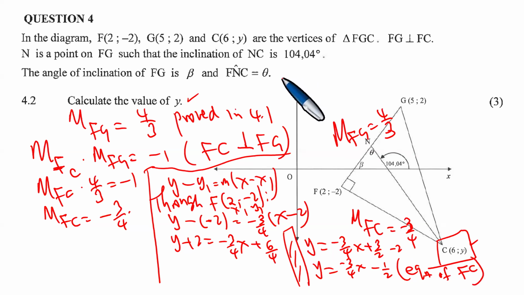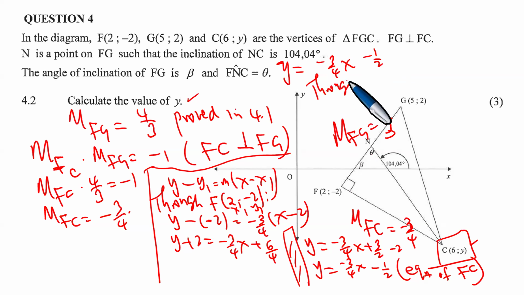If this is the equation of FC, you'd have to find the y. So the equation of FC is y equals -3/4x minus 1/2.